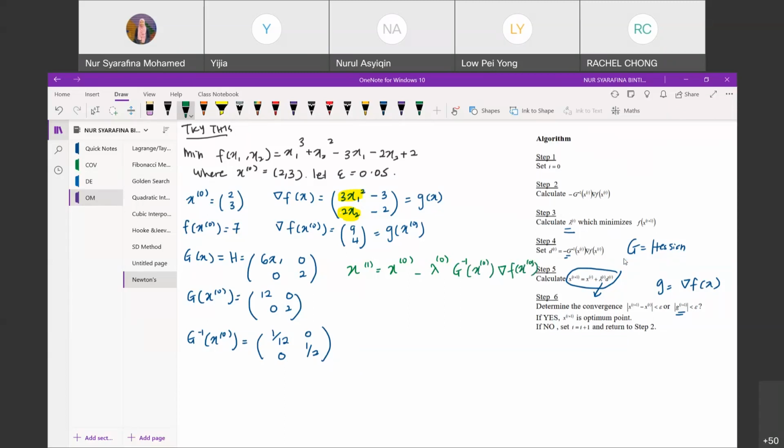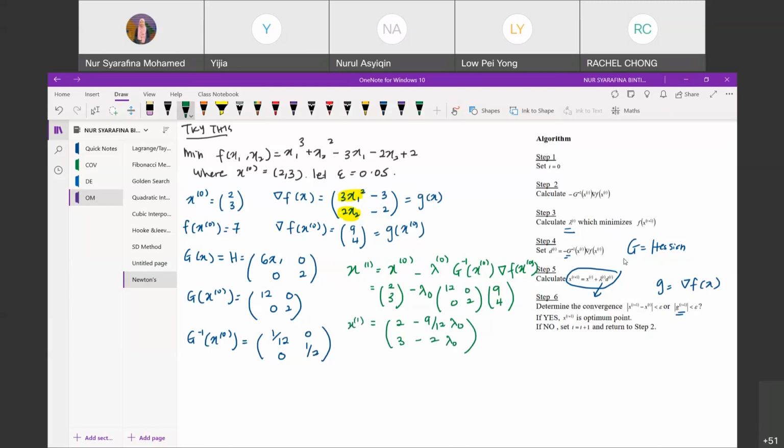So x1 is given by 2, 3 minus lambda naught times G inverse, which is 12, 0, 0, 2, times 9, 4. From here, you will have 2 minus 9 over 12 lambda naught, 3 minus 2 lambda naught. So this is your x1.